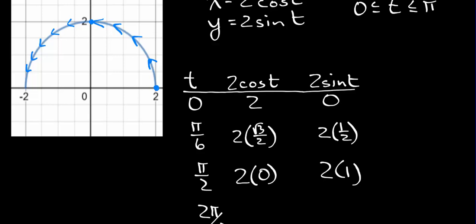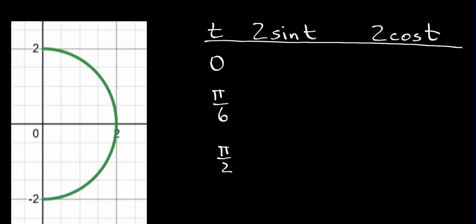We parametricize this circle of radius 2 with x equals 2 cosine t and y equals 2 sine t. So that's the way we plotted this one, but we also plotted it another way: x equals 2 sine t and y equals 2 cosine t. So let's take a look at the direction that that one's plotted. Here's the curve, and this is when we set the parameter t to go from 0 to pi.